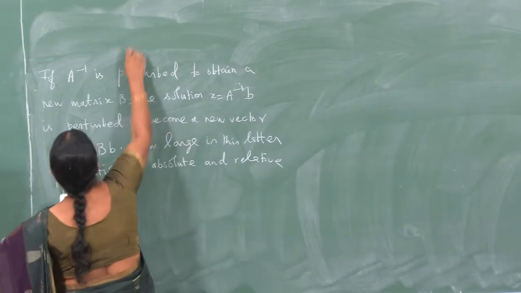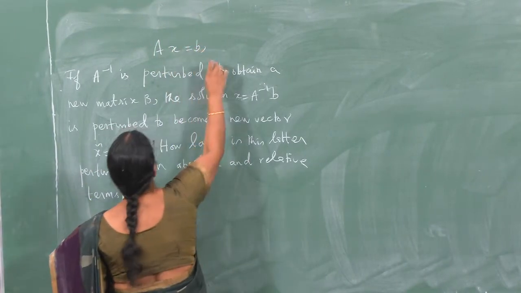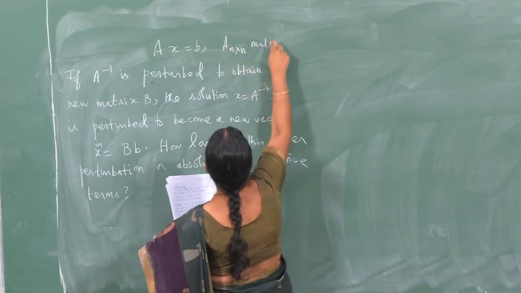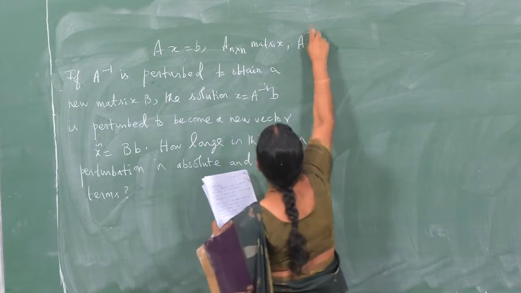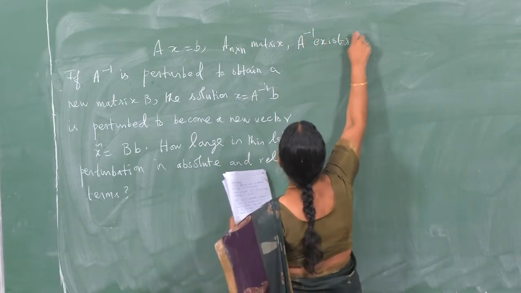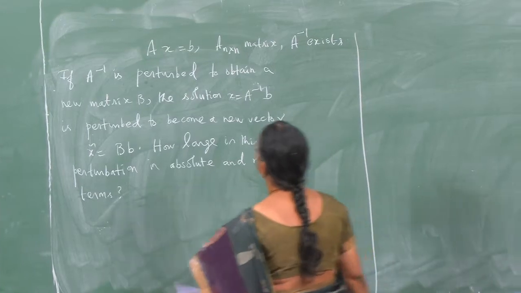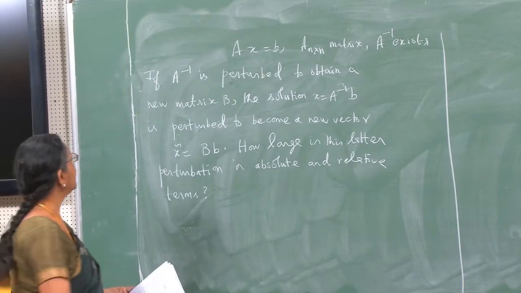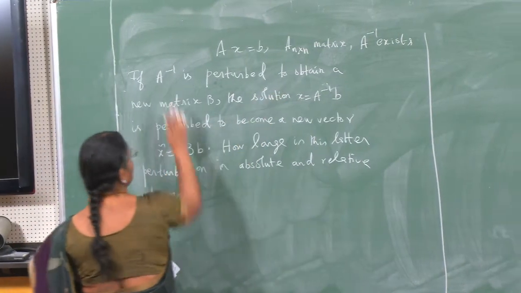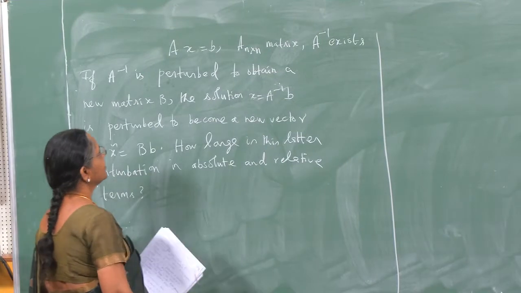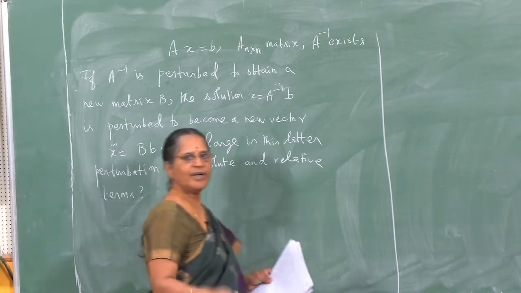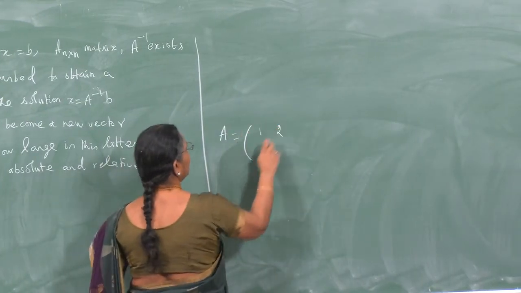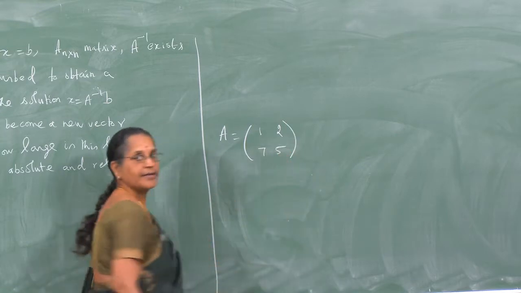So, we are given a system of equations Ax equal to b, where A is an n cross n matrix and A is non-singular, so that A inverse exists, or in other words A is an invertible matrix. The question is, if in the matrix A inverse you give a small change, we have already seen that. Suppose I am given a 2 by 2 matrix 1, 2, 7, 5.